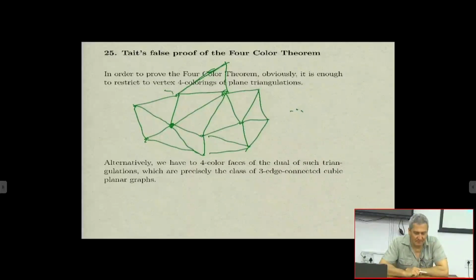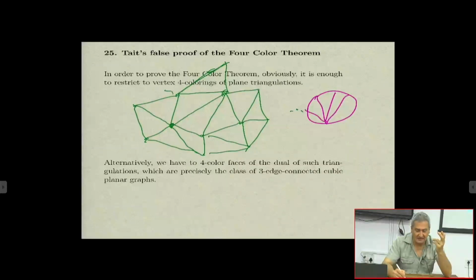Now, you know what a dual graph is? Instead of coloring the vertices of the original graph, we make it a triangulation. We assume now our graph is a triangulation. This is the hardest part. If we have a bigger face, we can add an extra diagonal, as I did here. So you can now take a look at the dual graph.